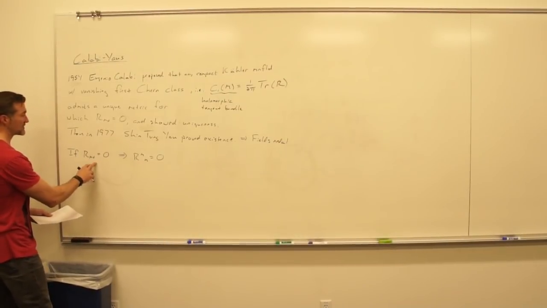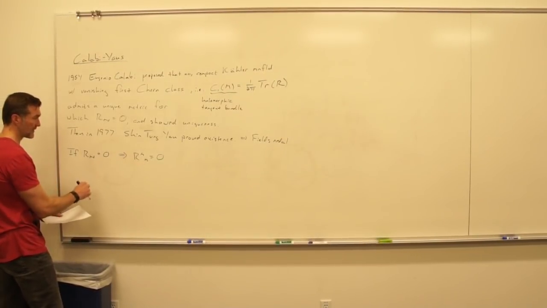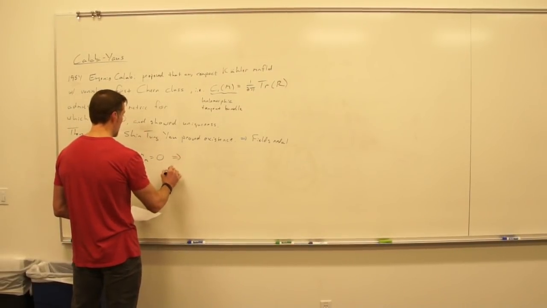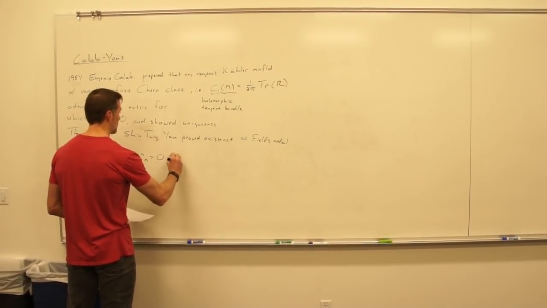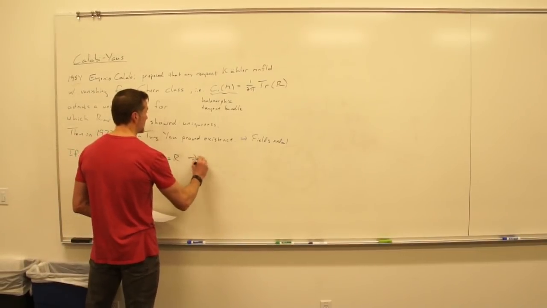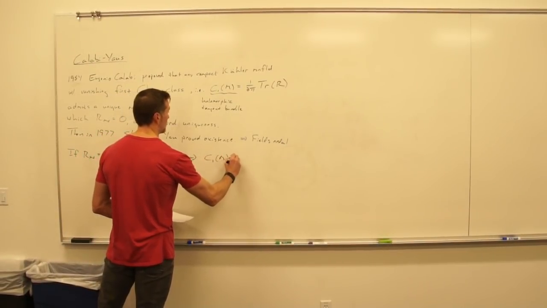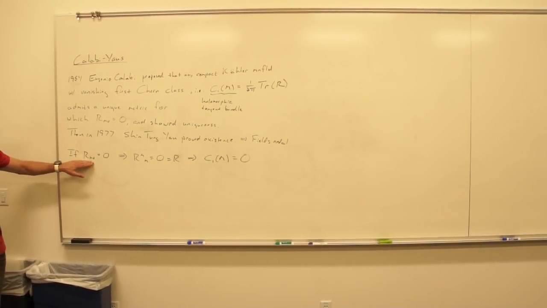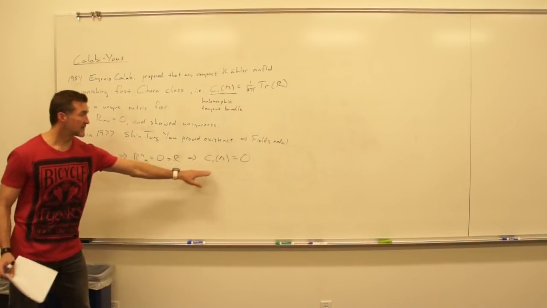If the thing you start with is 0, then this is automatically 0, because you just sum over these indices, but you're summing up a bunch of zeros. And then it is trivial that the first Chern class vanishes, right? So if I can give you a manifold where this is true, then this is obviously true.